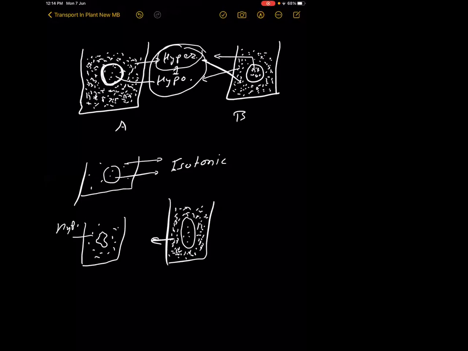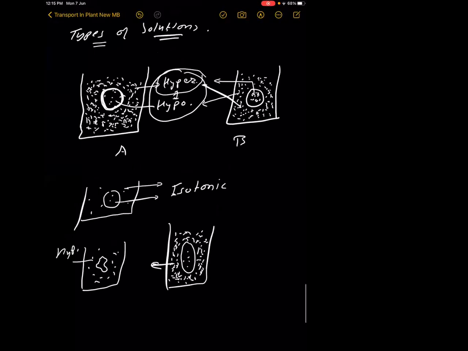If the concentration of the solution is higher than the protoplasm, it is hypertonic. If the concentration of the solution is less than the protoplasm, it is hypotonic. And if the concentration of the solution is the same as the protoplasm, then it is isotonic.